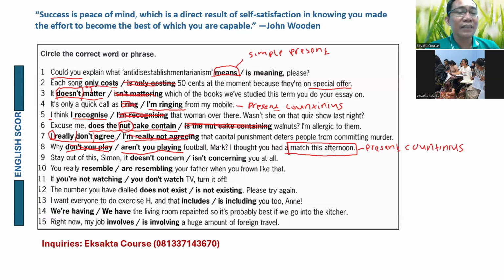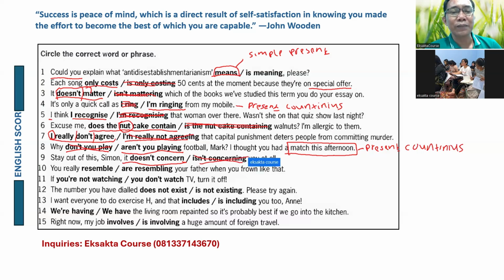Number nine. "Stay out of this, Simon. It doesn't concern, it isn't concerning you at all." So number nine, the answer: it doesn't concern. Underline "doesn't concern" because the subject is it.